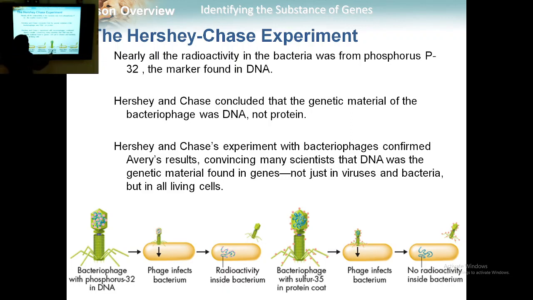While the bacteriophage with sulfur 35, which is in the coat, does not insert any radioactive material inside the bacteria. After screening the infected bacteria, they discovered that the genetic material is surely the DNA. The DNA with radioactive material is found inside the first one, which was infected with the bacteriophage with phosphorus 32.